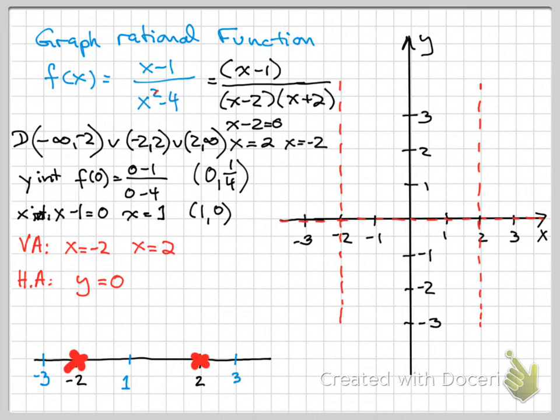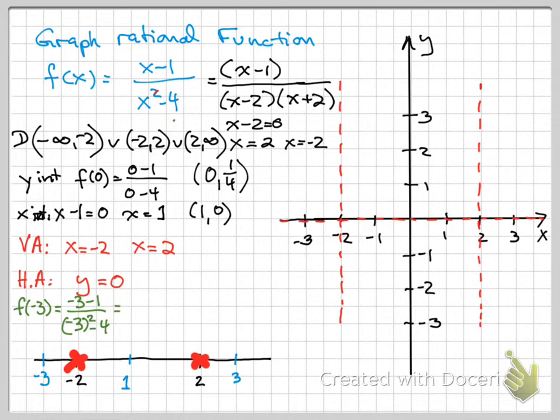So we need to plug in our numbers in the original problem. f of negative 3 is negative 3 minus 1 over negative 3 squared, which is 9, minus 4.